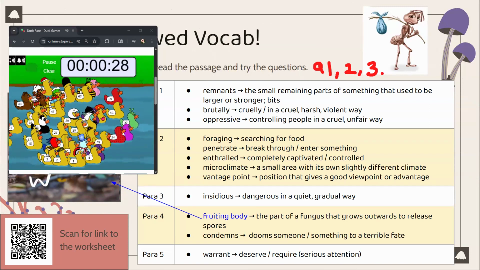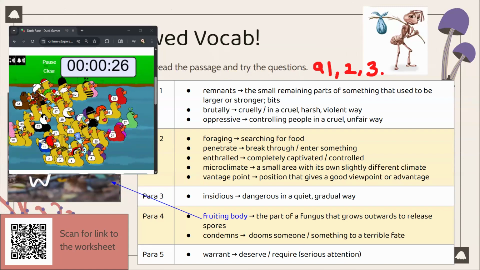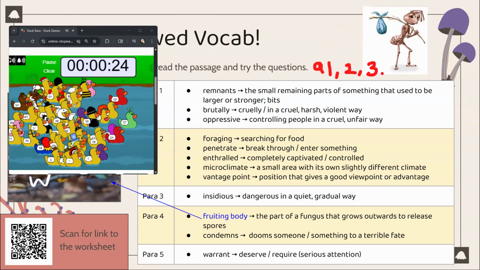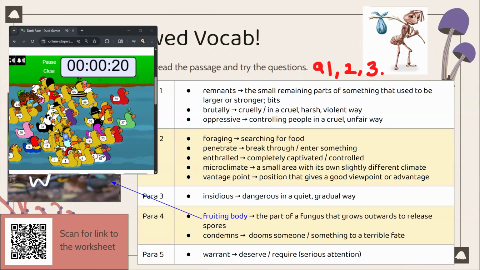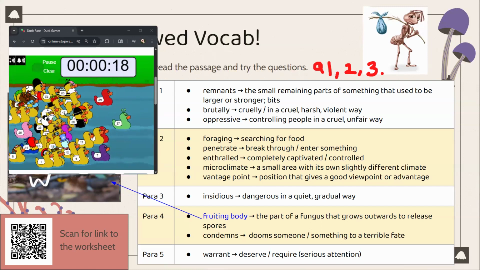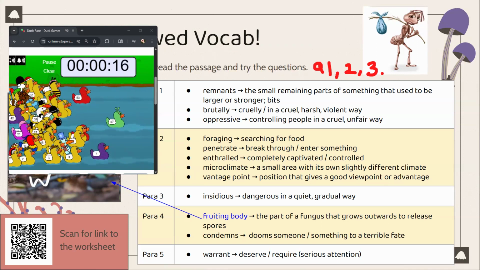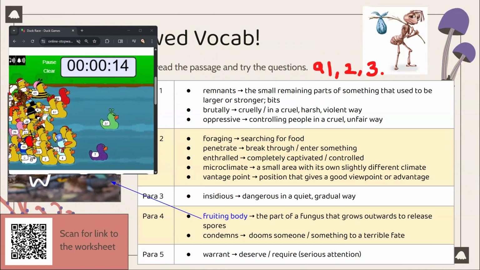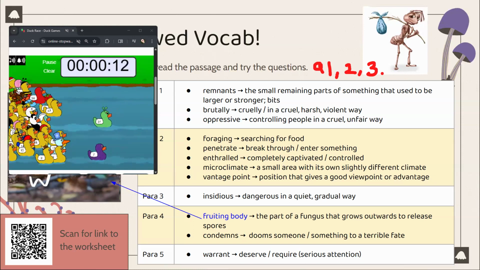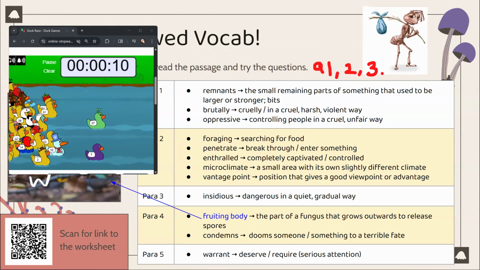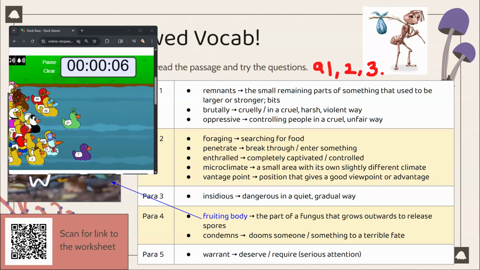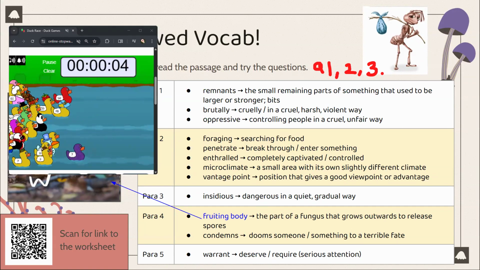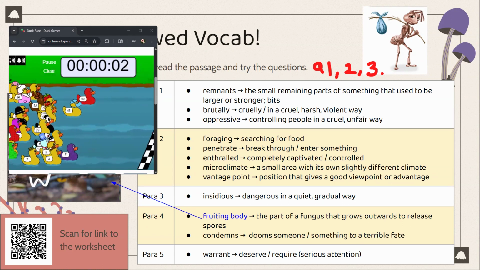Okay, so let's take a look. Okay, I initially wanted to stop the race prematurely because it seems like most of you are done, but it's okay lah. 10 more seconds. Oh, the green duck was 37.